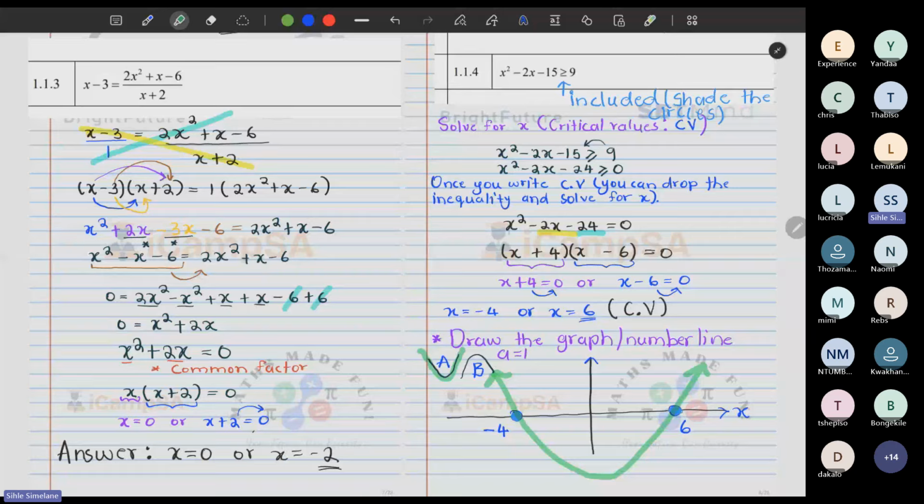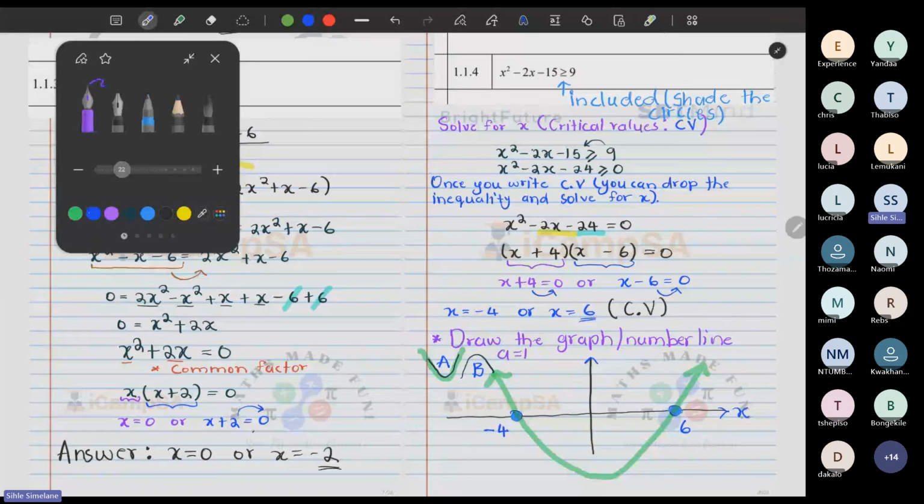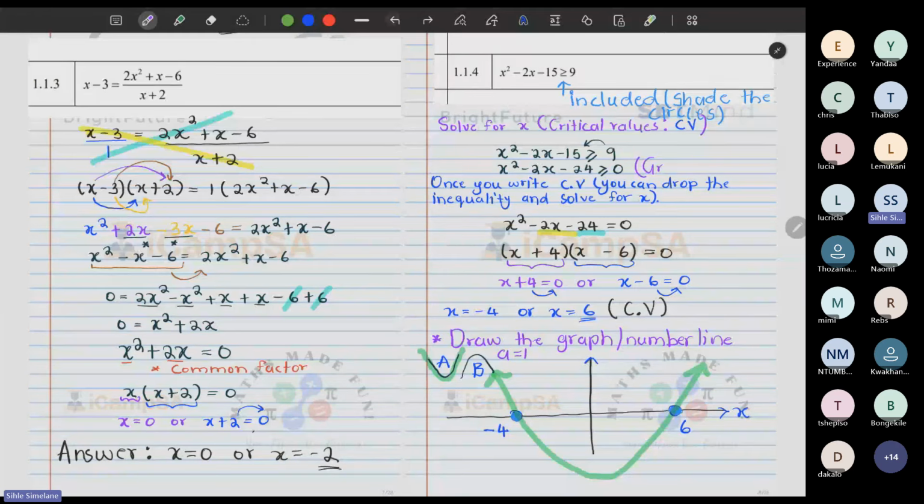Now what we need to think about is the sign itself, the inequality sign. So the inequality sign says here, greater than 0. That is what it says, greater than 0. So we know, guys, that this horizontal line here is the y equals 0 line. It is the x-axis.